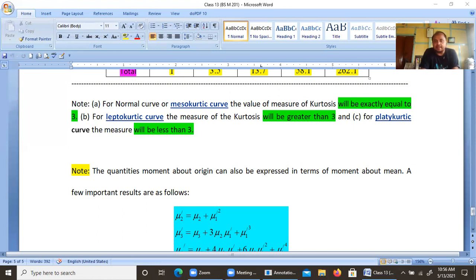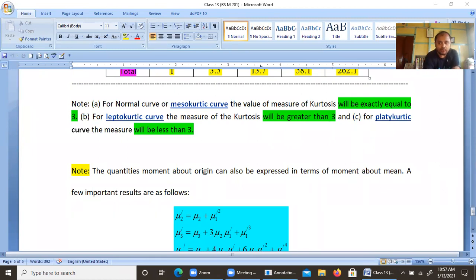And it is said that if we have a normal or mesokurtic curve, the value of the measure of kurtosis will be exactly equal to 3, which is the fact obtained in our case. For a leptokurtic curve, we get the measure of kurtosis greater than 3, and for a platykurtic curve, we get the measure of kurtosis less than 3.